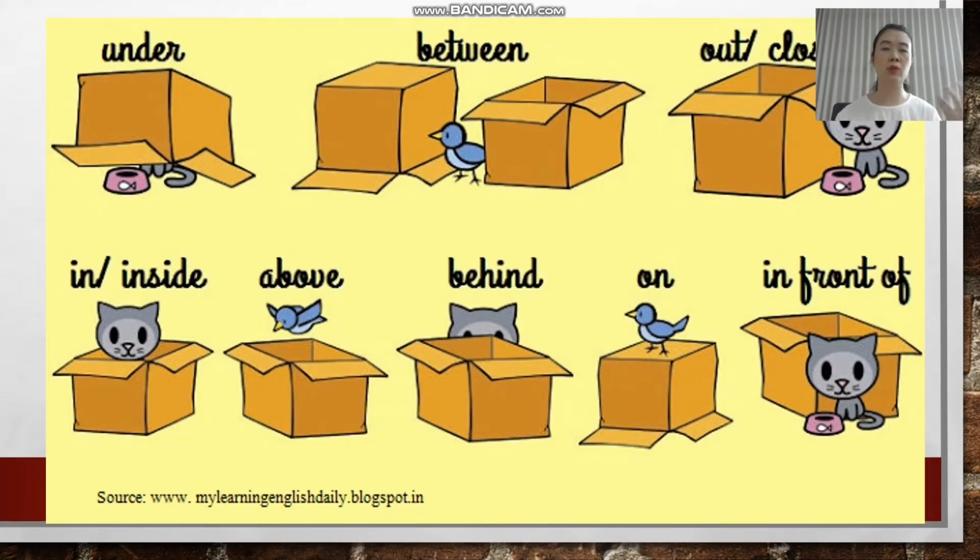Okay, so we have the word out. The cat is out of the box or it's pretty close to the box. The word in or inside. The words above, behind, on, or in front of. You can make use of these prepositions when you are talking about some nouns, okay?